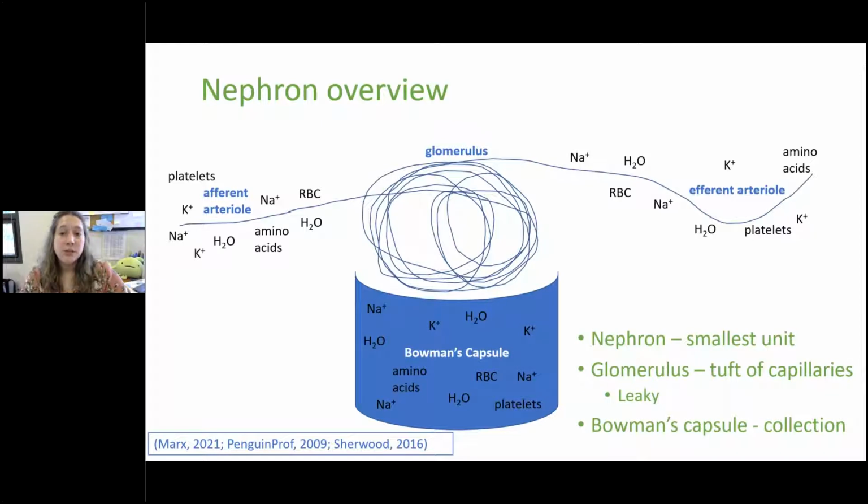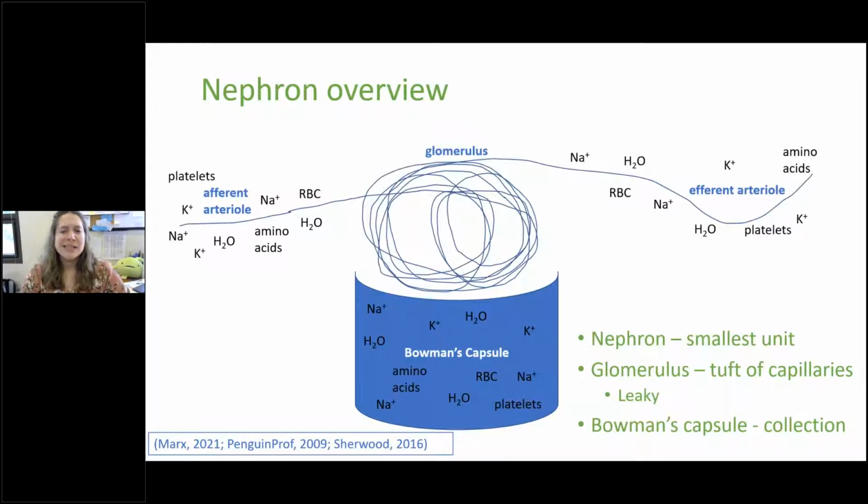The smallest unit of the kidney where filtration is happening is called the nephron. The glomerulus, a labyrinth of capillaries, separates the proteins, amino acids, ions, red blood cells, white blood cells, and platelets from the blood into Bowman's capsule. This capsule is a collection bowl that surrounds the glomerulus.